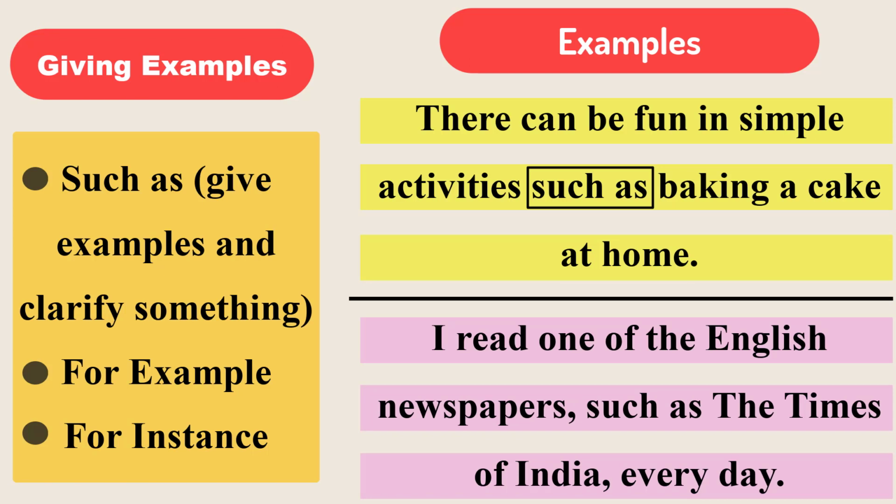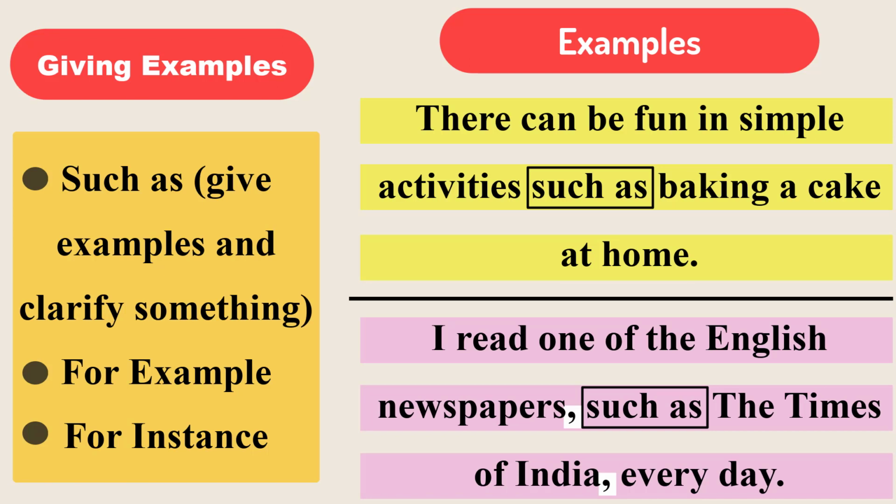First, in the second case, I'll quickly tell you, such as, the example associated with such as, has been surrounded by two commas. This is done in cases when the portion can be removed from a sentence without making any change to the essence of the sentence.